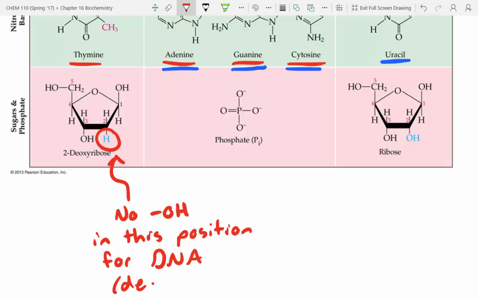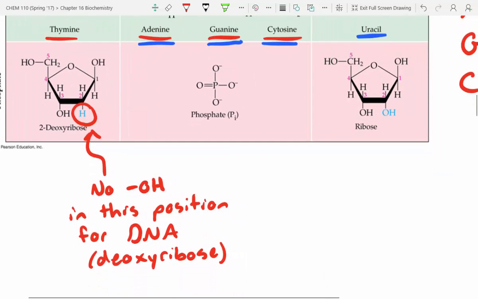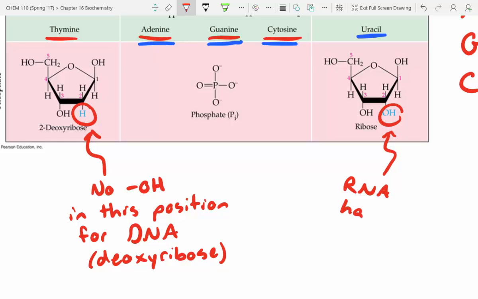This is a deoxyribose. Where if we look at RNA, right? RNA does have an OH coming off of that lower right-hand position, so this would be the sugar for RNA, a simple ribose. So RNA has an OH here.